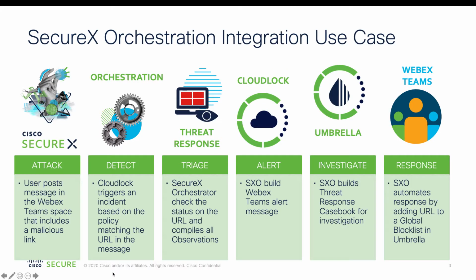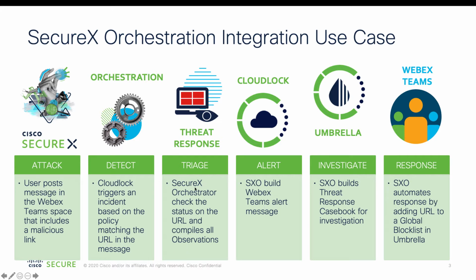In this demo, the flow that we are looking at is the user is sharing a URL in the Webex Teams space. The URL is malicious and the user doesn't know about it. Then integration with CloudLock, which is our data loss prevention solution, kicks in, where CloudLock policy checks all the messages that include URL using a regular expression, and we extract that URL from the message and we create an incident.